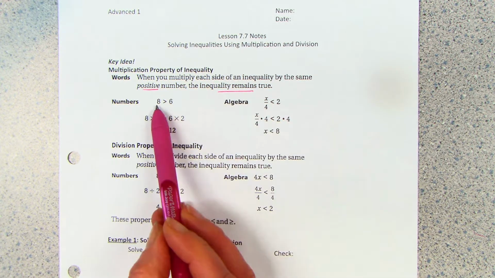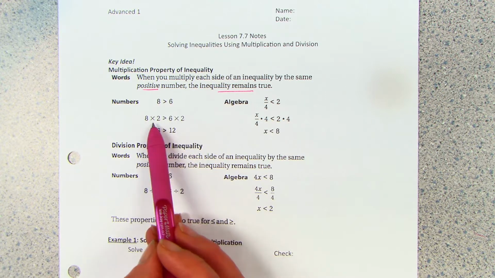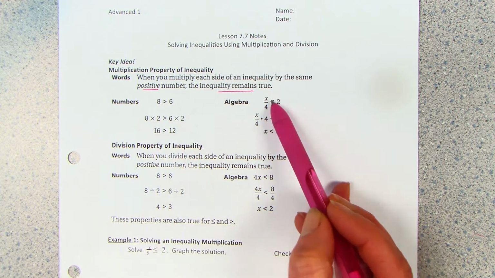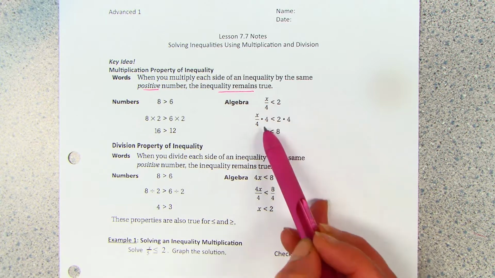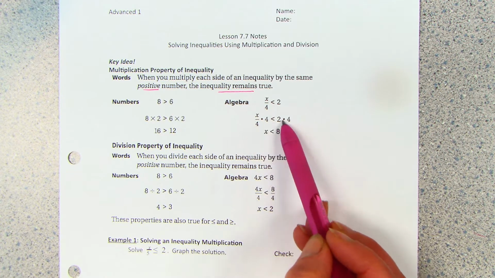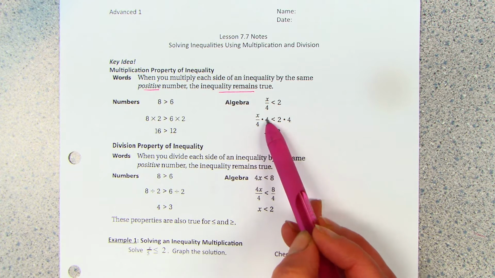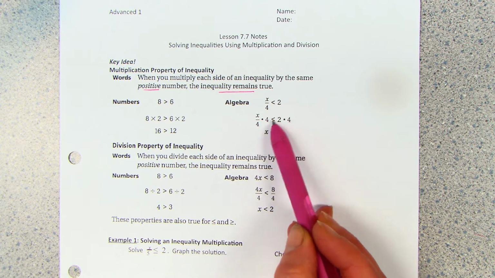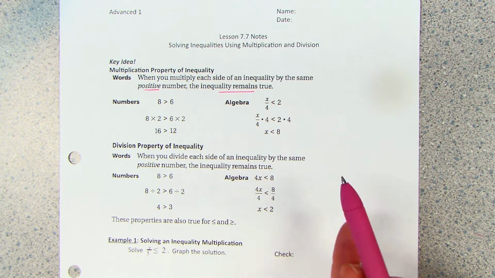And you can see that with numbers: if you have 8 is greater than 6, and then you multiply both sides by 2, then you have 16 is greater than 12, and that inequality stays true. And if we look at that with algebra, if we've got x divided by 4 is less than 2, and we multiply both sides by 4 because we want the denominator to cancel out, we have x is less than 2 times 4, which is 8, and that would still be true.